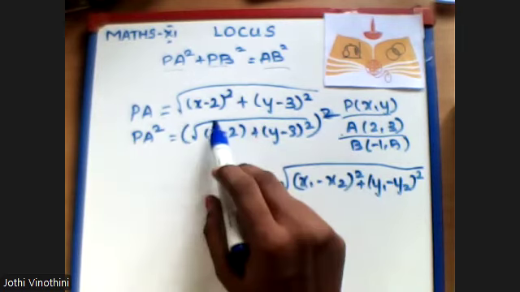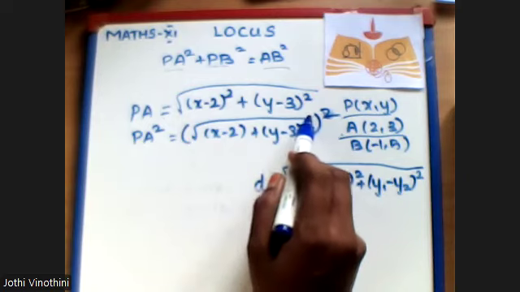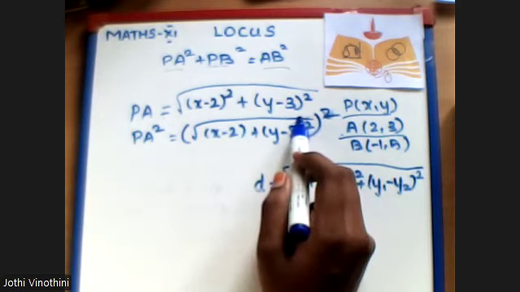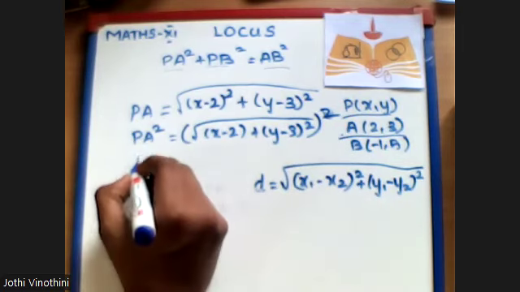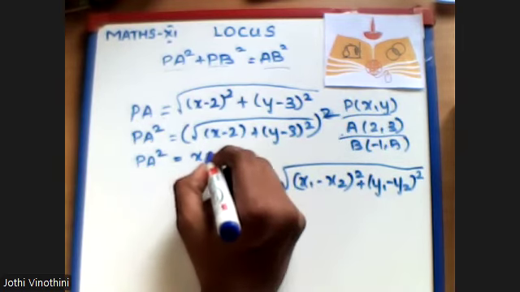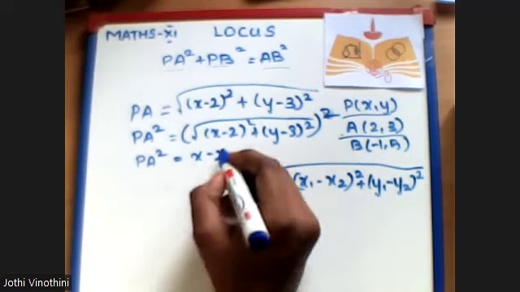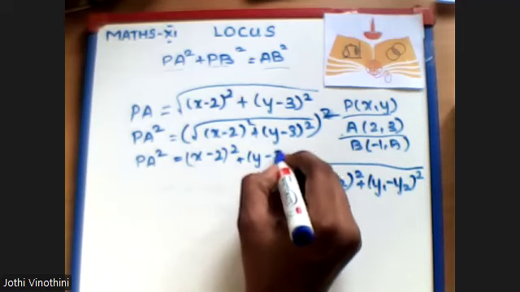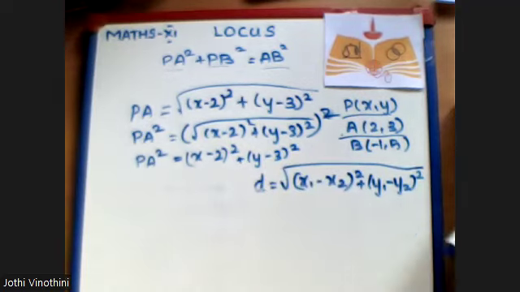Within this is a square root; if we square, the square root will get cancelled. So PA square equals x minus 2 the whole square plus y minus 3 the whole square. Right? Clear?